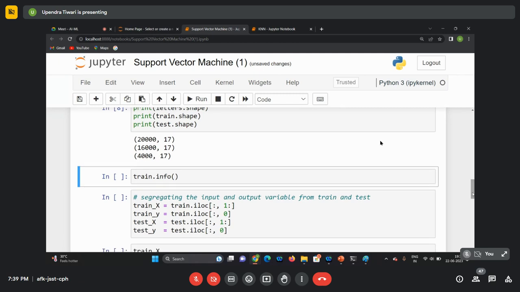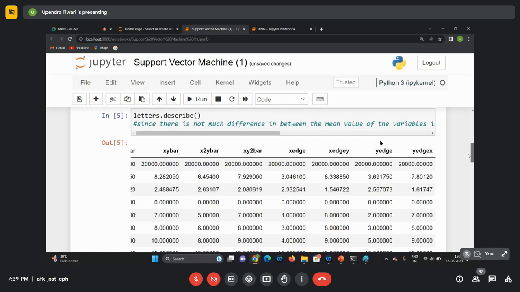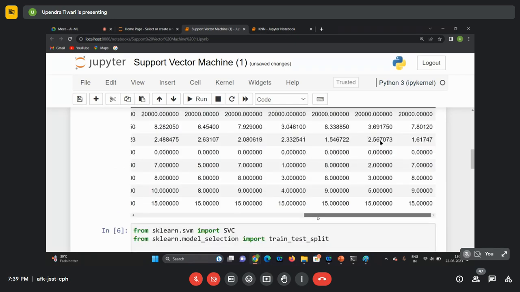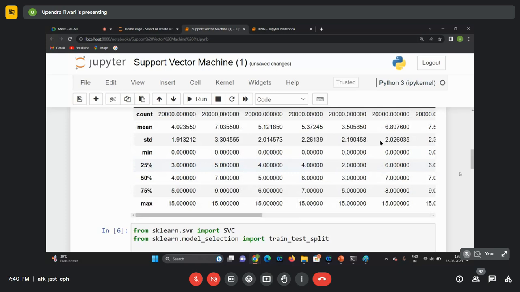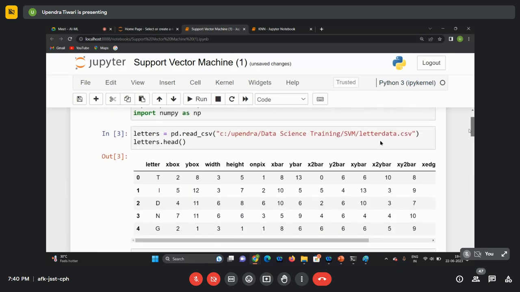What you are doing right now is segregating your train and test into input and output also. And you see here that in this data, the first column, the zero index, is the output data.